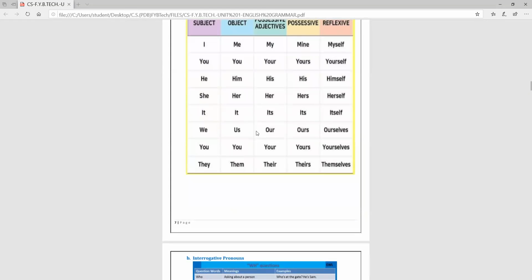Here ourself, ourselves. Okay, selves. When we are multiple in number, when we are using reflexive case for our, we have to add selves.